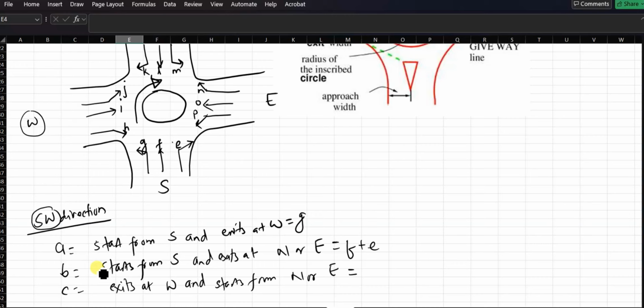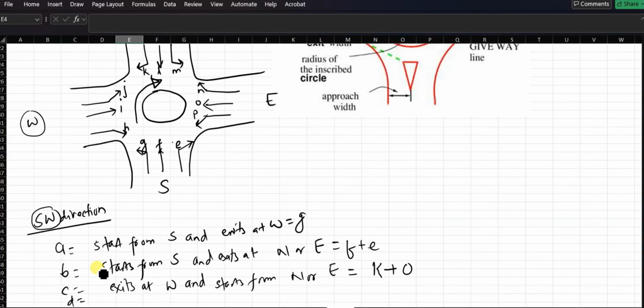In this case you can see the traffic O is exiting at W and traffic K is exiting at W. Others are going in other directions. So that will be traffic K plus traffic O.